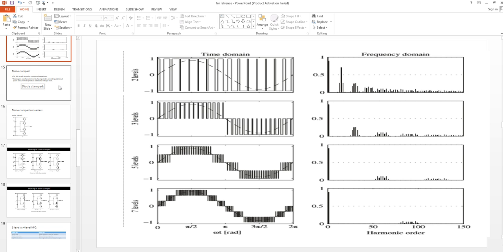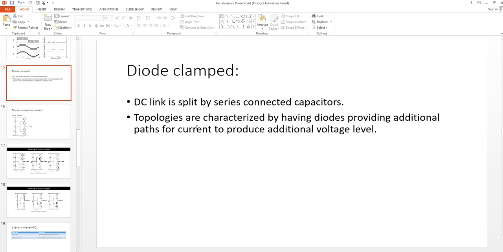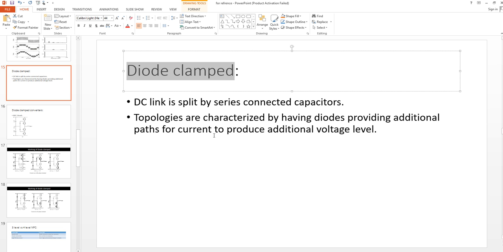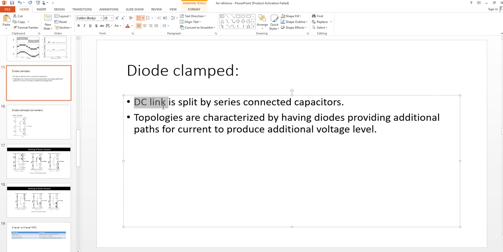Okay, so the first multi-level converter that we have is the diode clamped converter. In a diode clamped converter, the DC link is split by series connected capacitors. We have to split the DC link into a number of capacitors according to the number of levels required.